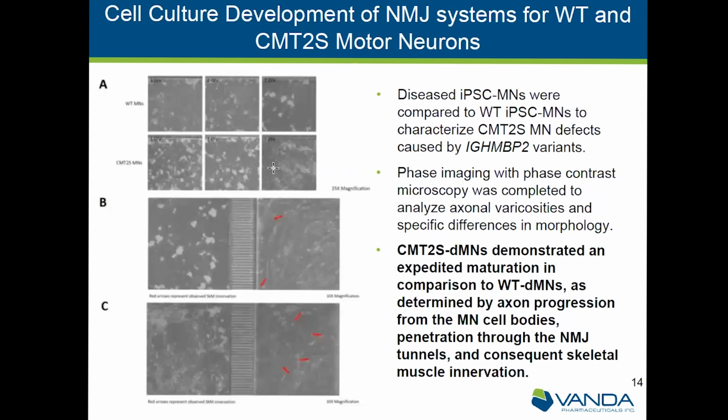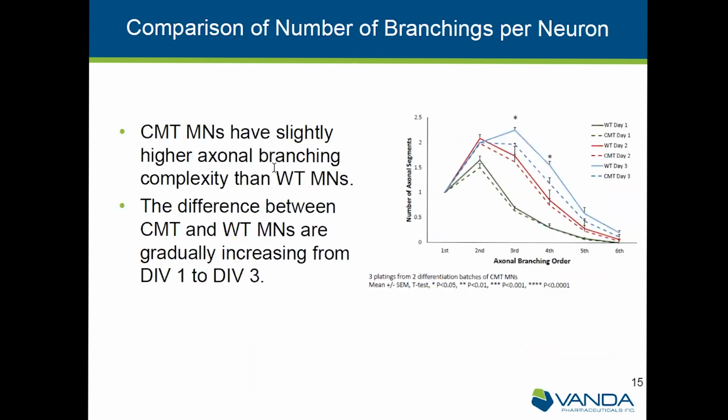What we've been seeing initially is that those derived motor neurons demonstrated an expedited maturation in comparison to wild type, as determined by axonal progression from motor neuron cell bodies, penetration through NMJ tunnels, and skeletal muscle innervation. Again, we are comparing to healthy controls as well as other phenotypes. This is this specific patient's cell-derived motor neuron.